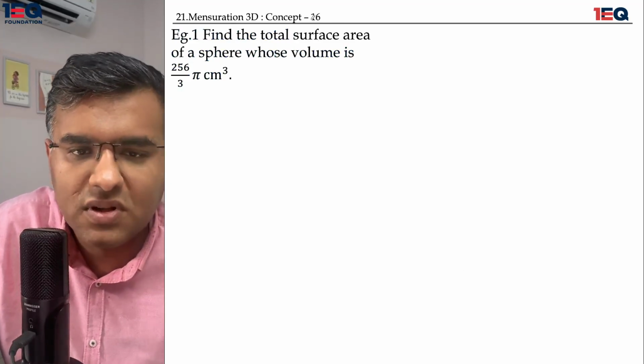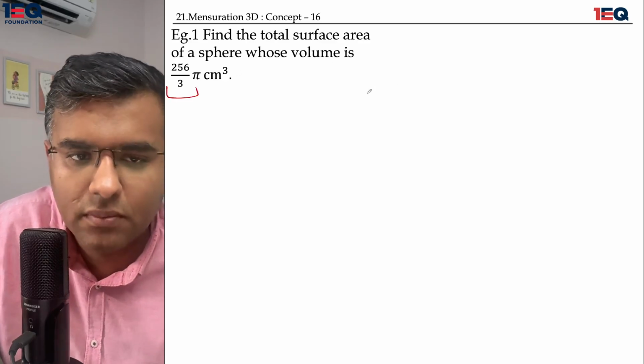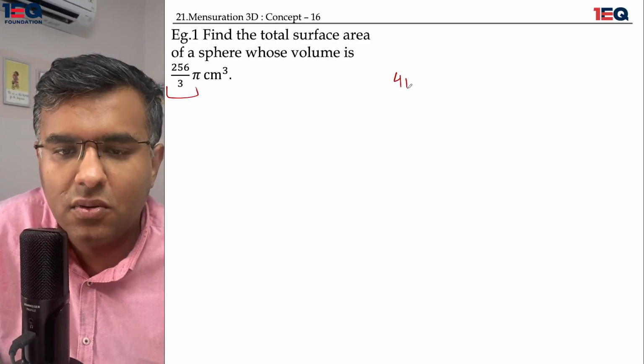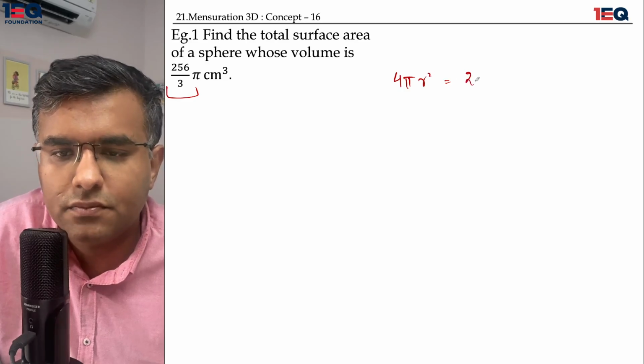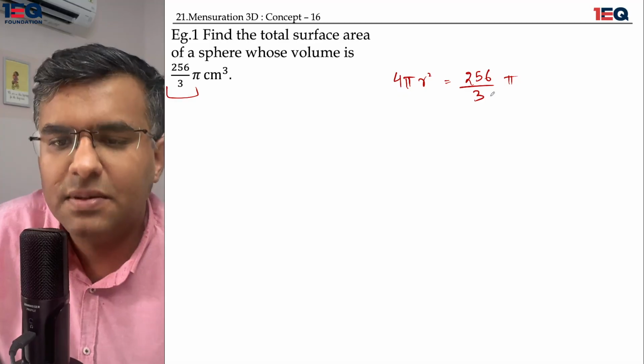Now, the total surface area of a sphere whose volume is given. We're talking about the total surface area of a sphere. So 4 pi r square is what we're looking at. 256 upon 3.